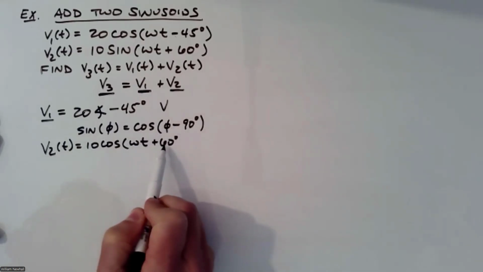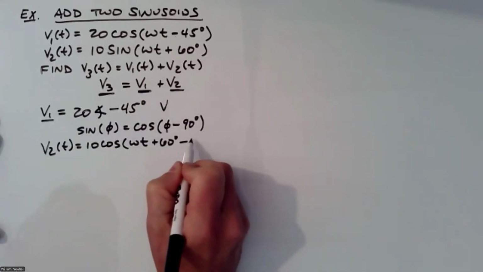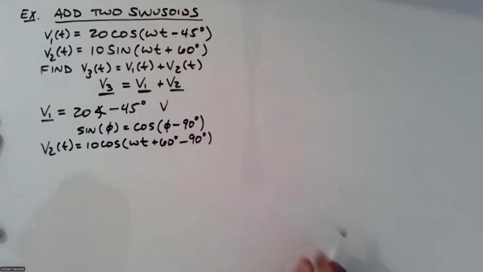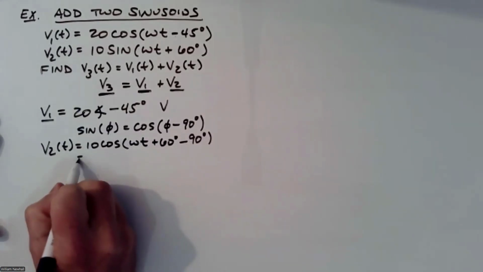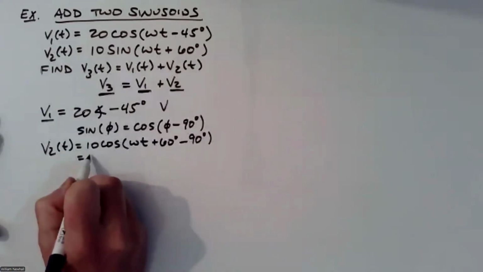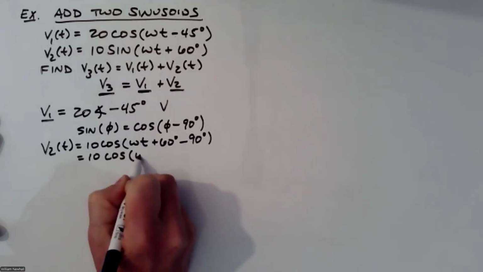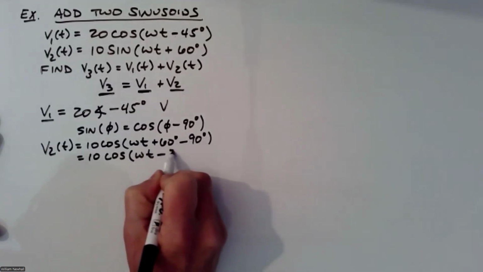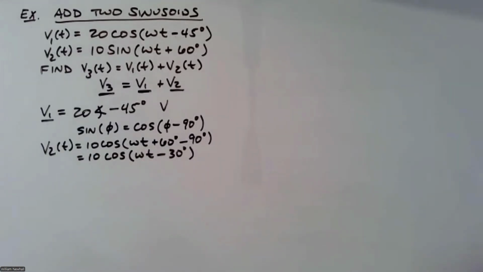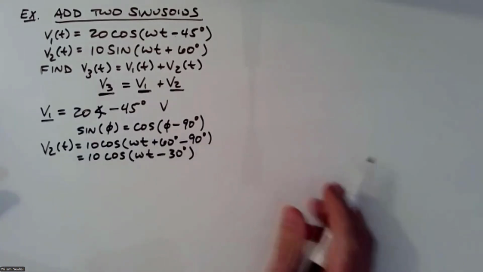Phi here is omega t plus 60 minus 90 degrees. So V2 of t is actually 10 cos of omega t minus 30 degrees. So I've converted V2 to a cosine form.